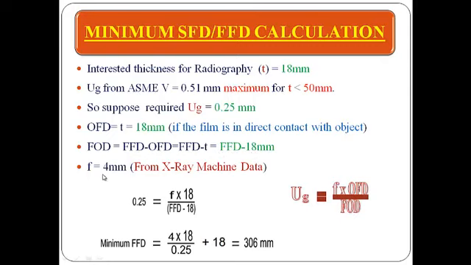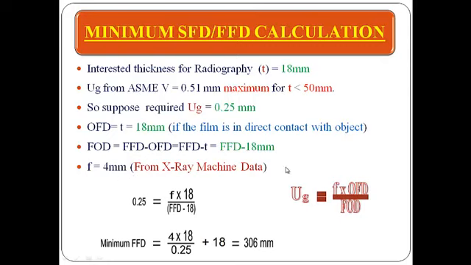The focal size is equal to 4 mm from the X-ray machine data. This is also a supposed value. We just suppose that our X-ray machine focal size is 4 mm.